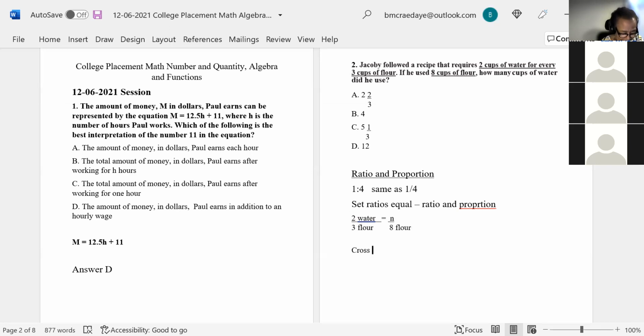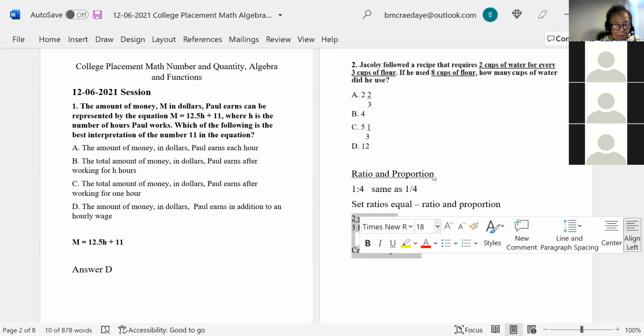Cross multiplication. Very good. See, you know this, Alva. It's because I don't have it in front of me. But you see it's coming back to you, right?